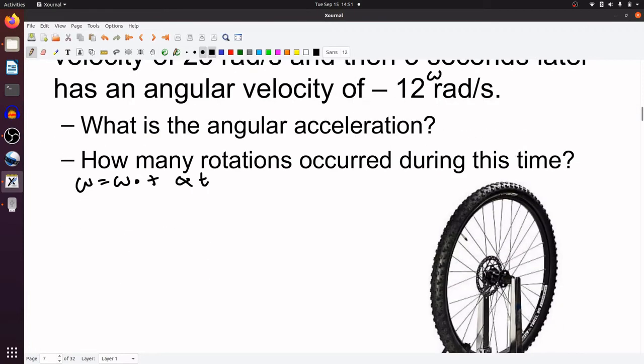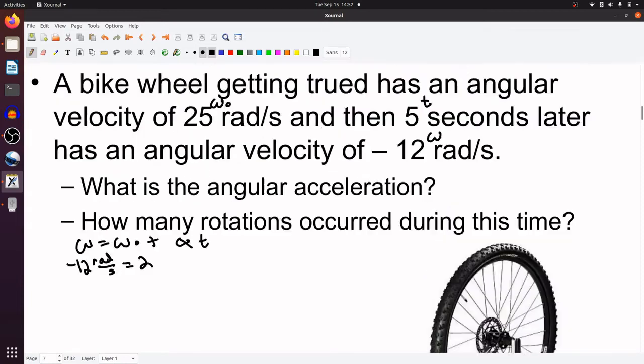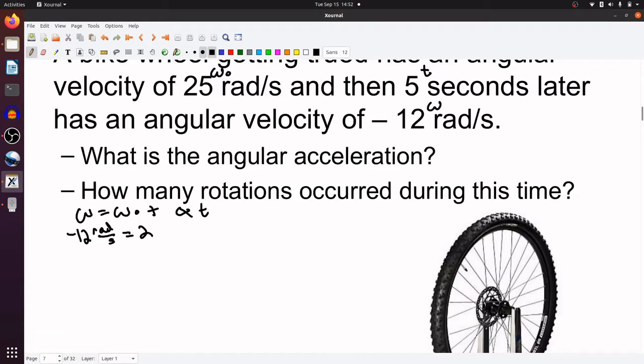So I plug in what I know. This will be negative 12 radians per second equals 25 radians a second plus my angular acceleration, which I don't know. That's what I'm looking for. And then my time of 5 seconds. Okay, so I take my negative 12, and I'm going to subtract 25, and I'm going to divide that by 5.